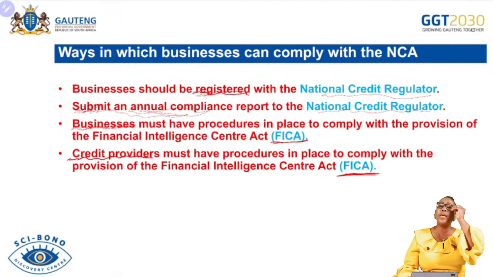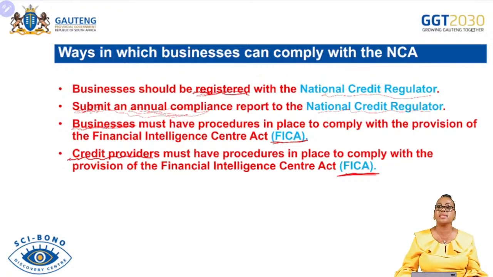So in other words, the business itself, if I'm the business, let's say maybe Mahlobo Furniture Incorporation is selling products or furniture to its customers. Mahlobo must have policies that speak to how are they granting credit. It must have policies that speak to whom are they consulting, so that these policies will mean that these procedures are in place and they serve as a way that shows that they are complying.